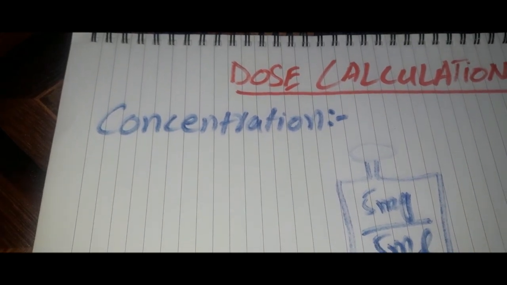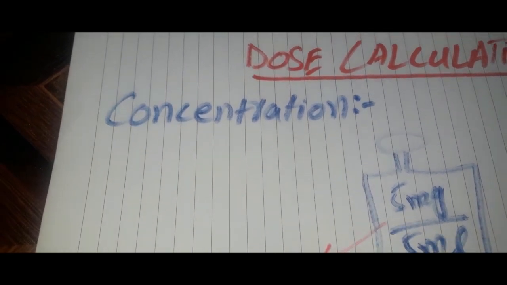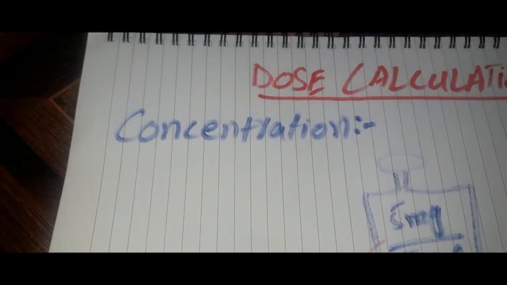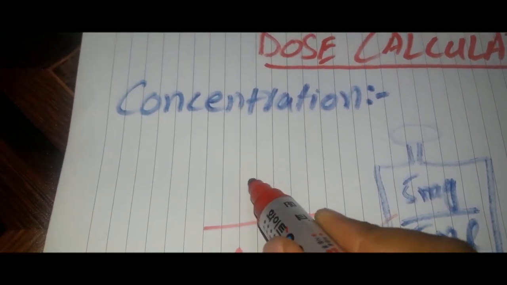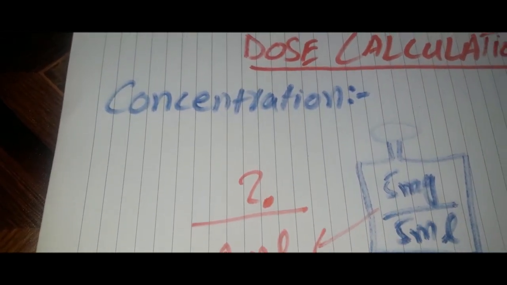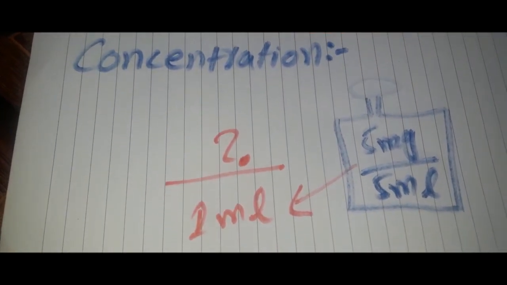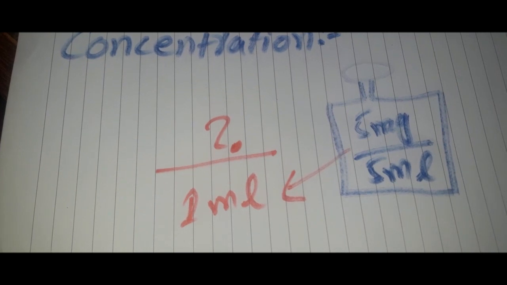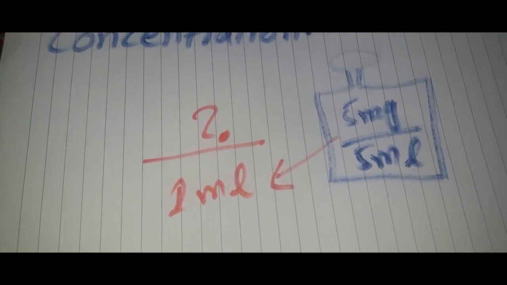So here I need to know about the concentration. Concentration means if I draw 1 ml from this ampule, how much medicine is present in this 1 ml? This is called the concentration. So I have to find out the amount of medicine which is available in 1 ml.